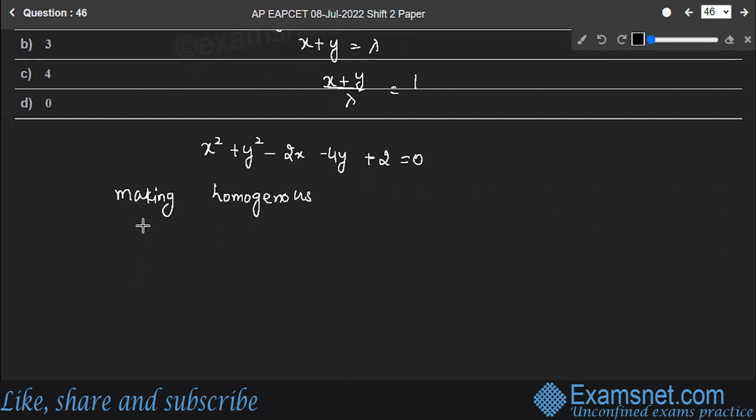So making homogeneous, you will get the equation as x square plus y square minus 2x into 1 minus 4y into 1 plus 2 into 1 square is equal to 0.